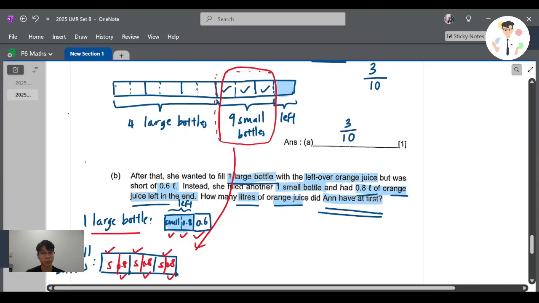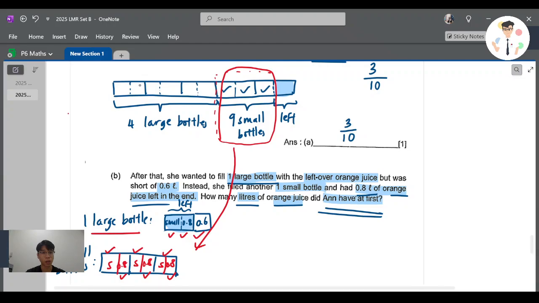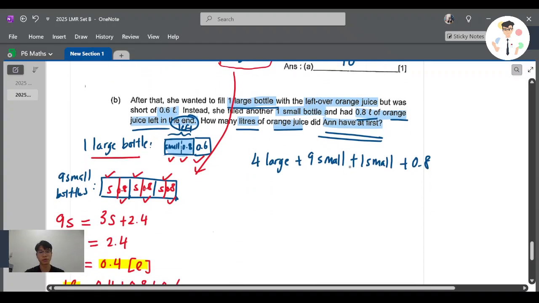So this will be the part that we now need to look at. Okay. 1, 2, okay, basically 4 large bottles. So 4 large plus 9 small plus left. And left, let's look at here. This left, now is this left also, right? It's actually 1 small plus 0.8. So, or I can also say it's actually 10 small, right?